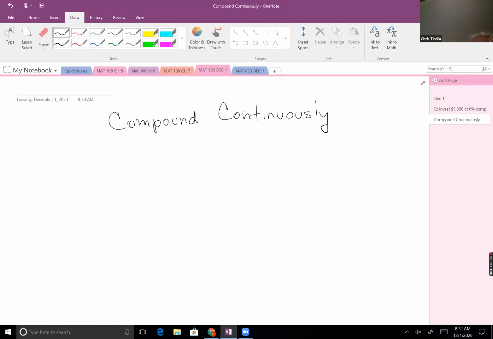And when you compound continuously, you're constantly adding the interest to the principal.